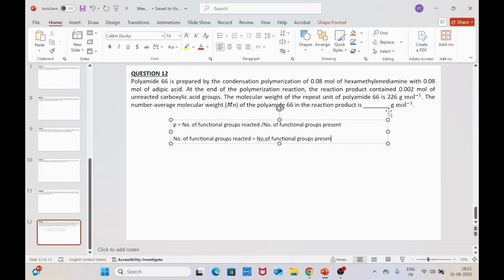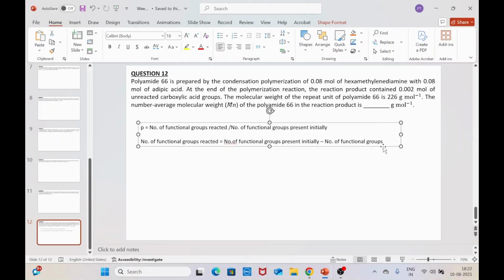present minus the number of functional groups. Instead of saying present, you can say present initially, and the functional groups unreacted.